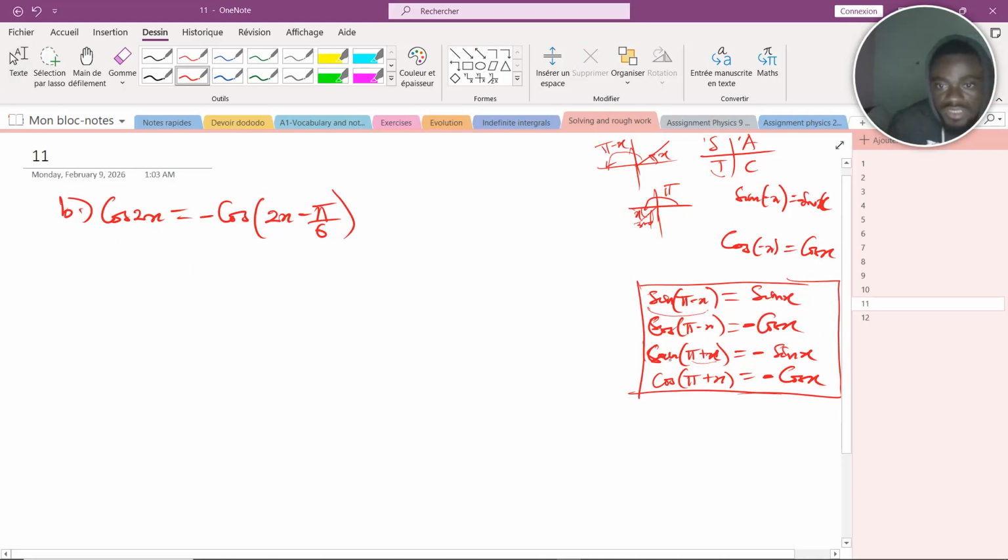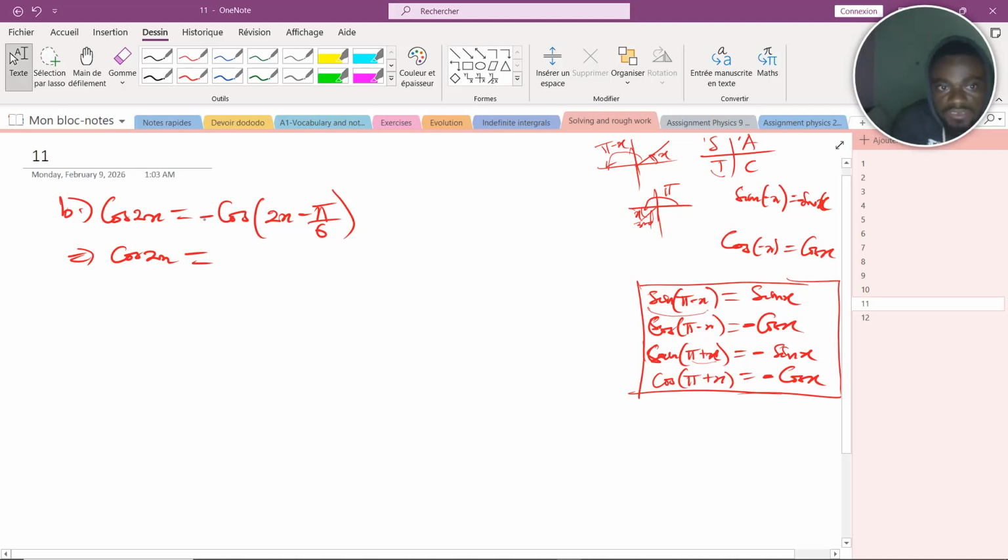One of these is going to help us bring this minus inside. So this implies cos of 2x will equal what? Look at something. We know that the cos of (pi plus x) must equal minus cos x.